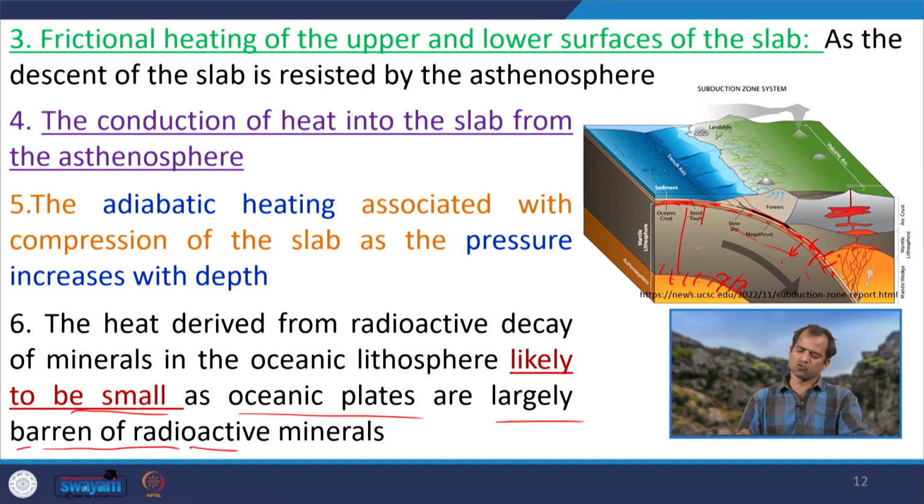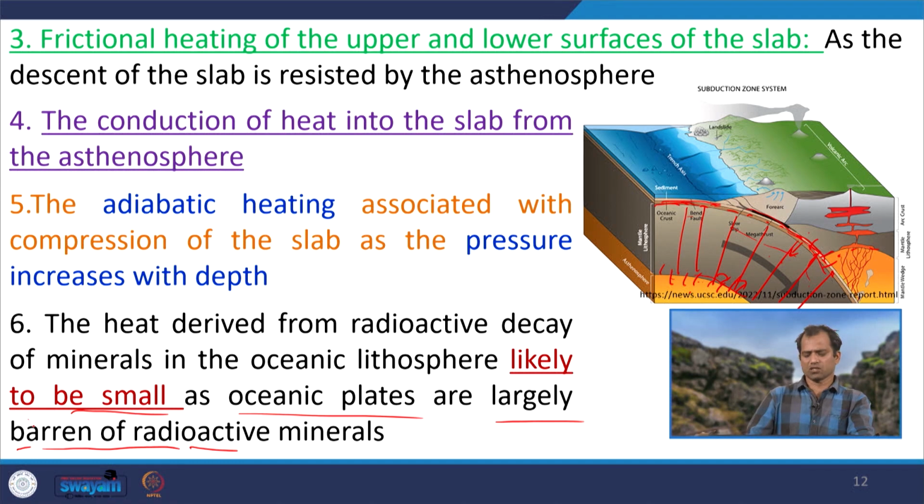However, most of the descending plate is composed of peridotite, basalt and gabbro, which has very little radioactive mineral. So that is why this source is unlikely; the heat generated by radioactive decay makes very little contribution to the heating of the subducting slab.